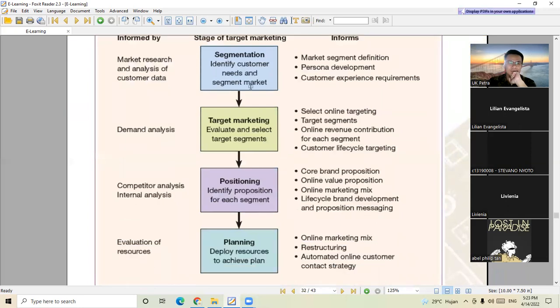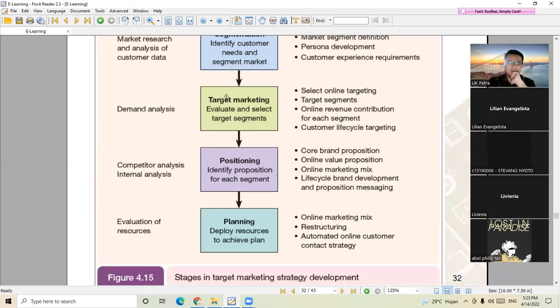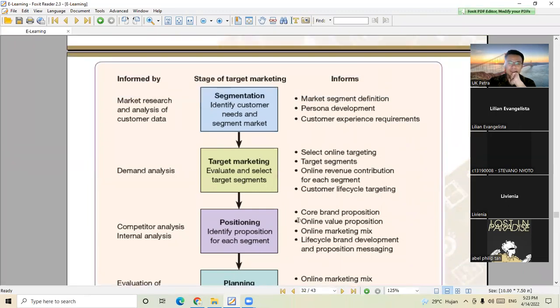So, the stages of targeting the market. What's involved in segmentation? We identify customer needs and segment the market. Target marketing is when we evaluate and select the target segments. In positioning, we identify a proposition for each segment and planning. Based on the STP, we begin to make our plan.